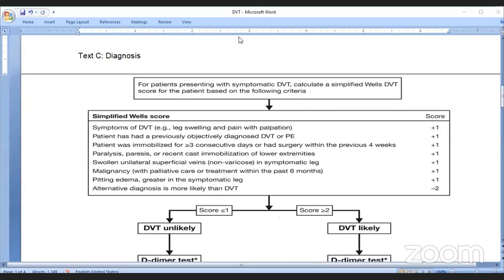Please don't talk, just write in the chat. Pitting edema. Swollen. No, no, no.